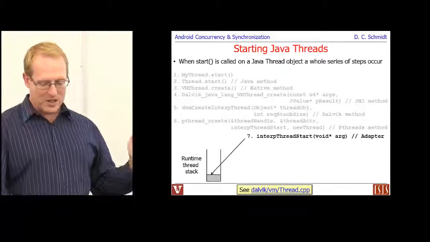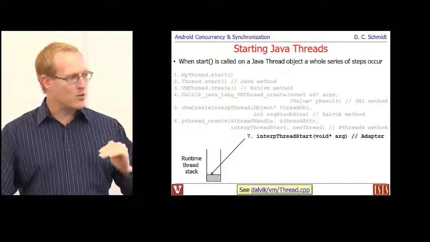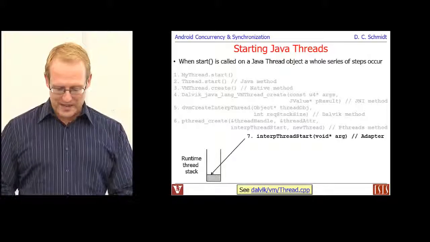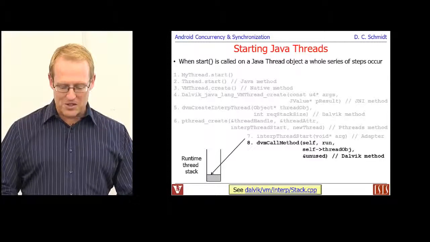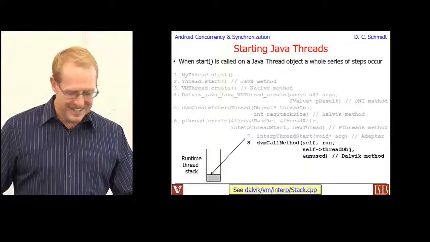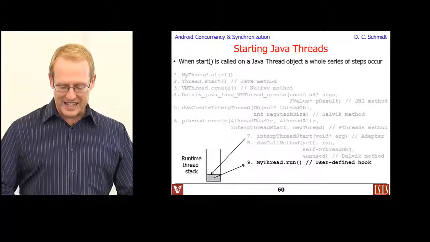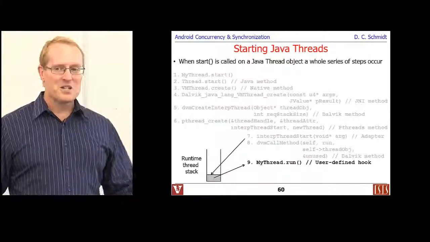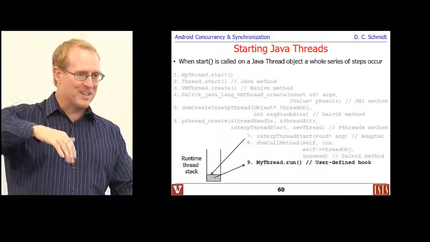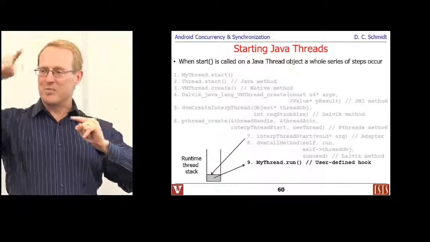That code eventually calls back to this thing called interp thread start, and that's back in thread.cpp. I won't go back and look there. That calls dvm call method, and then finally that calls back to the run hook that you defined in your class originally. So it's almost sort of like a Mobius strip. You start at one end and you follow it around and you come back to where you started, right?